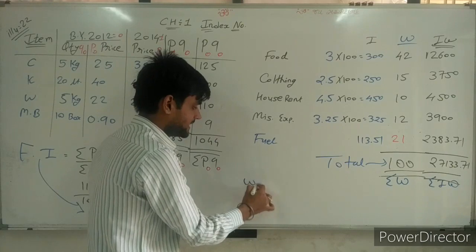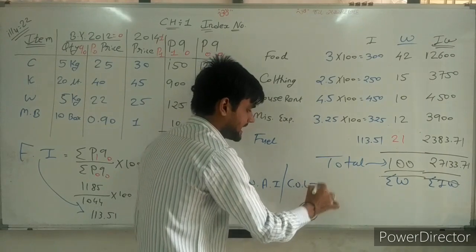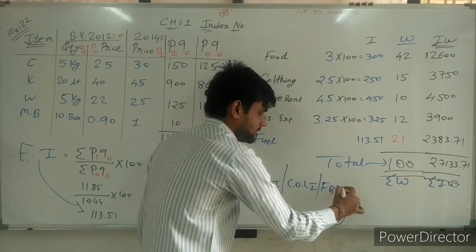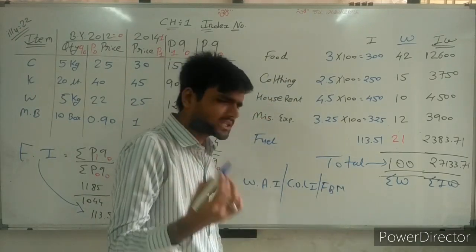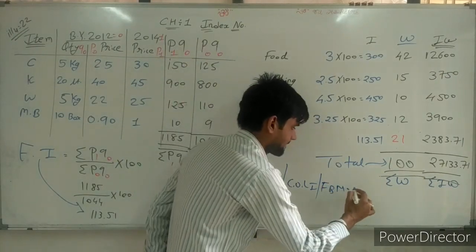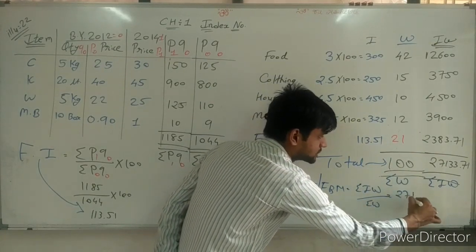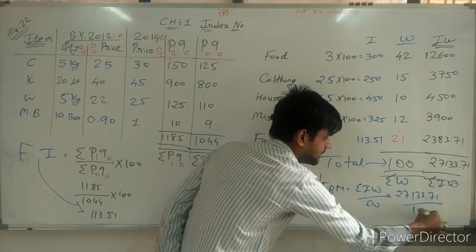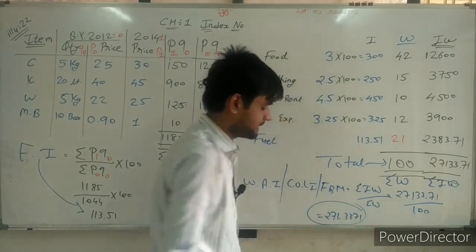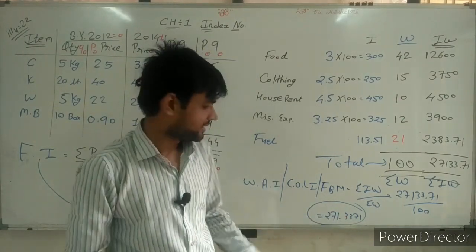Now the weighted average index number, cost of living index number, family budget method index number, whatever name is given, you are finding only sigma IW upon sigma W. So sigma IW is 27133.71 divided by 100 and we are getting 271.3371. Approximately I can say 271.34. This is my index number.